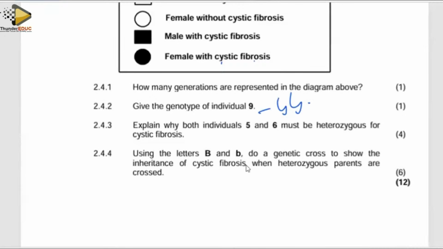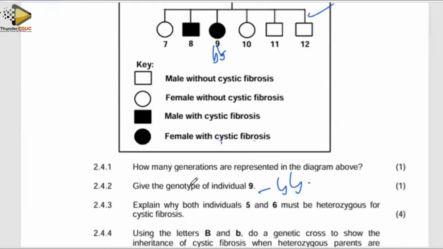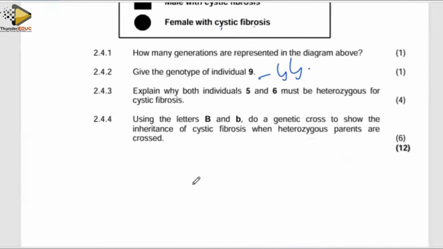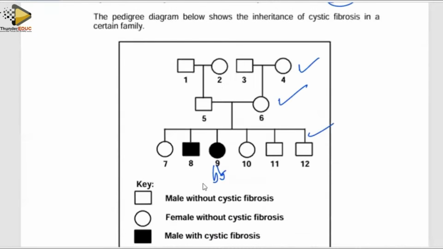Then they're saying explain why both individuals 5 and 6 must be heterozygous for cystic fibrosis. If you look at individuals 5 and 6, they produce kids who are homozygous recessive. If this one is capital B, capital B, and capital B, capital B, there is no way they're going to produce this.